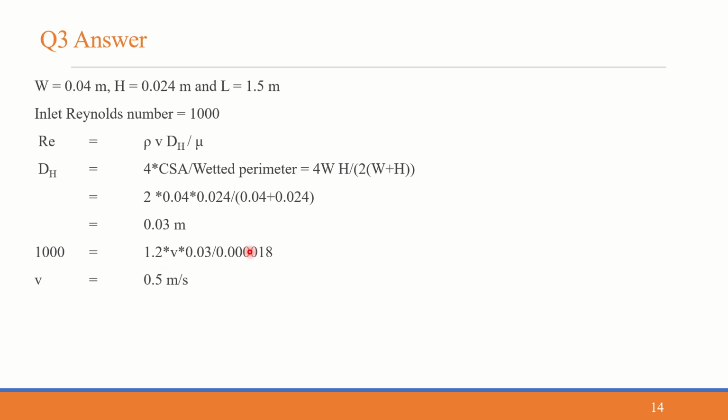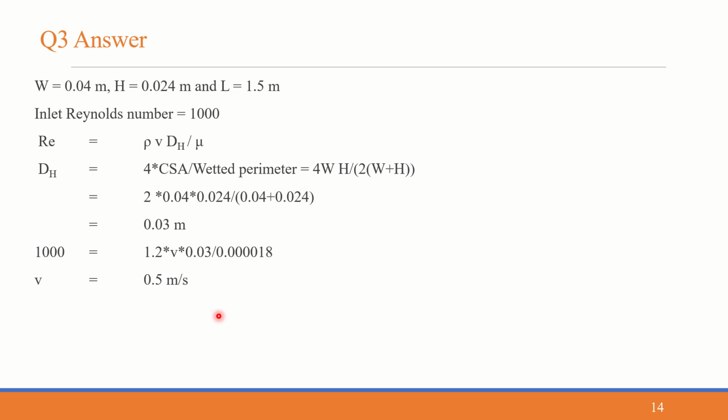If you do the calculation, it will come out as 1 by 2, and since the denominator has the smallest number, if that goes to the other side you will get 0.5 meter per second.